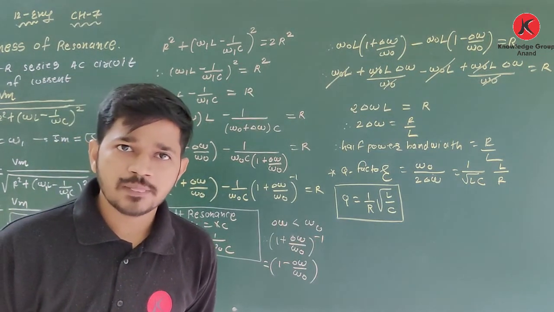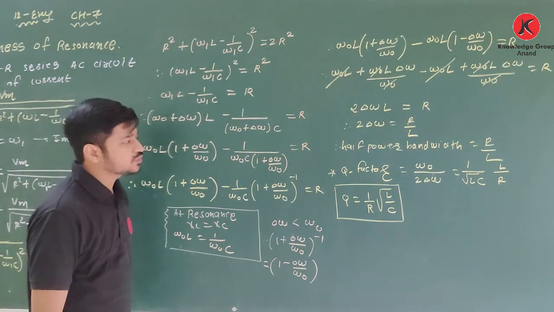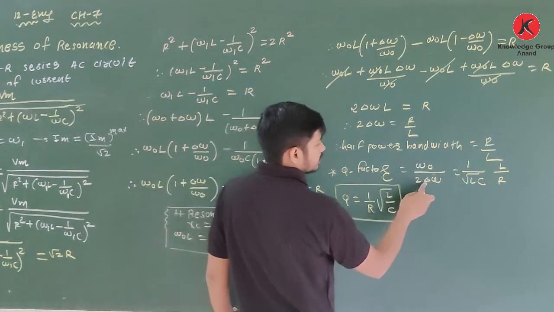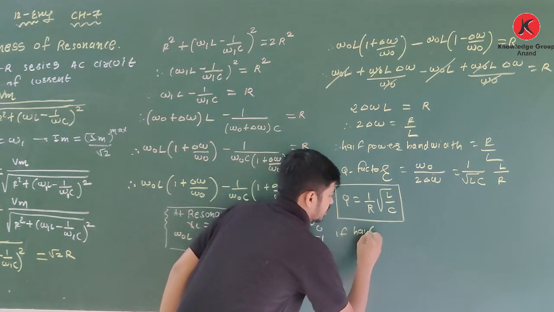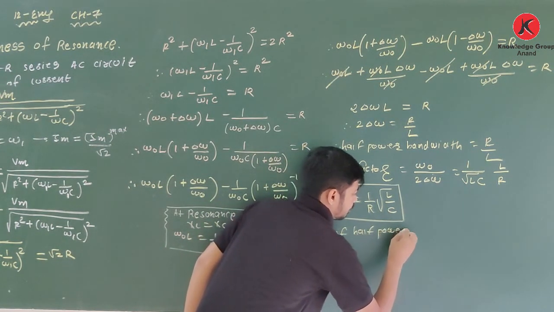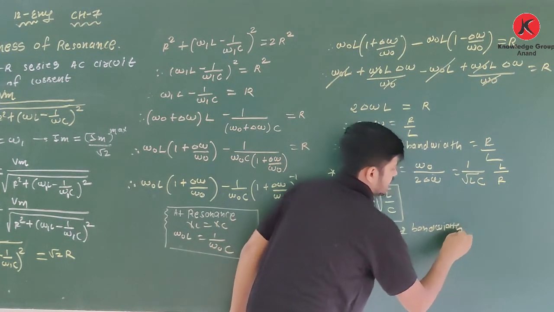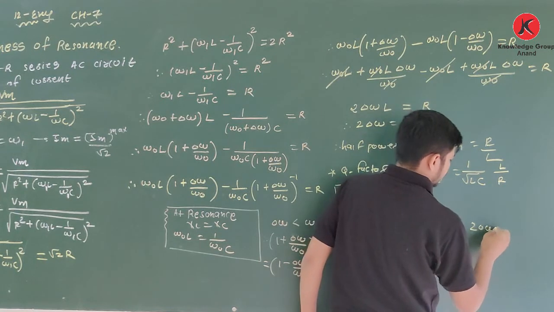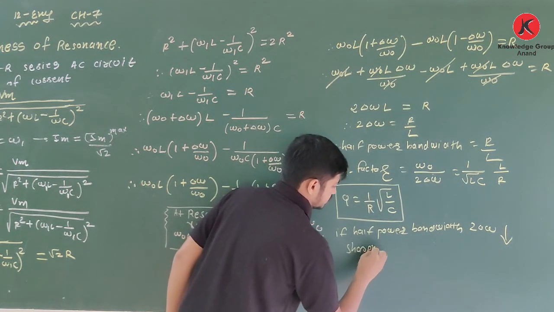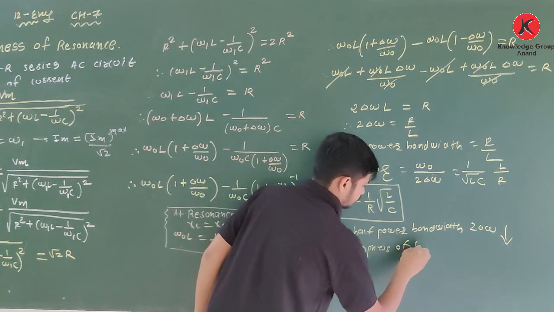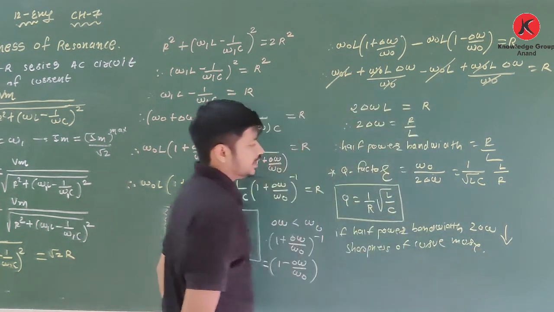Clear about this? What about sharpness? What is the relation for sharpness? See, Q factor and 2 delta omega. If the half power bandwidth, that is 2 delta omega, is less, then the sharpness of the curve is more.